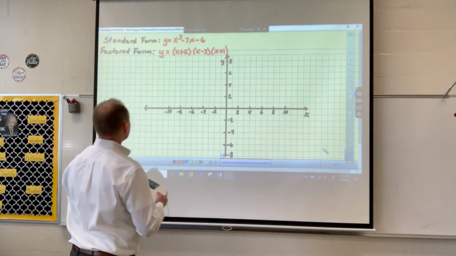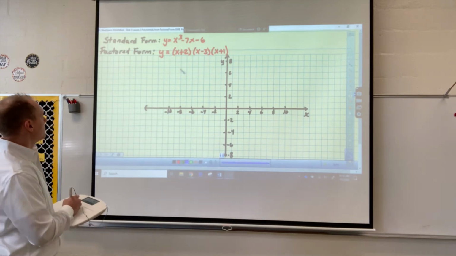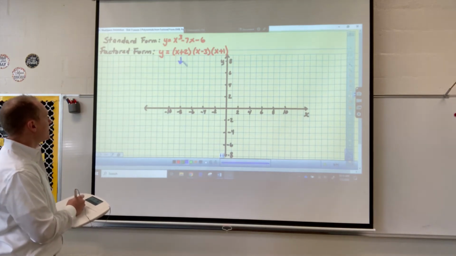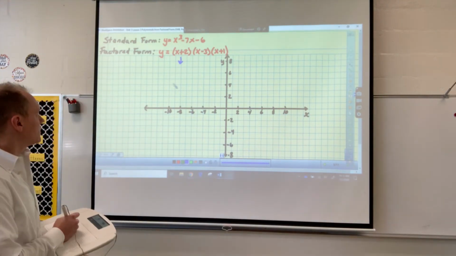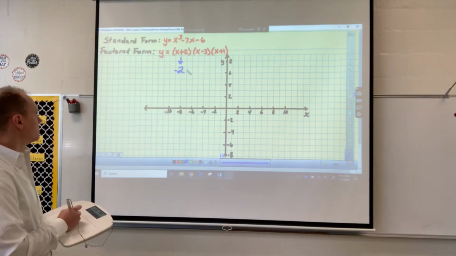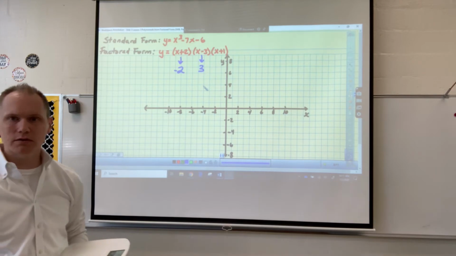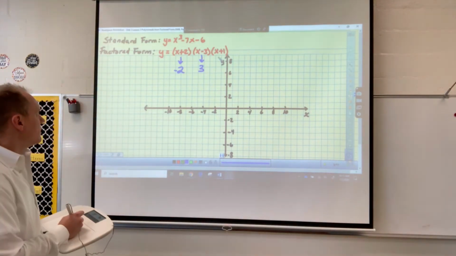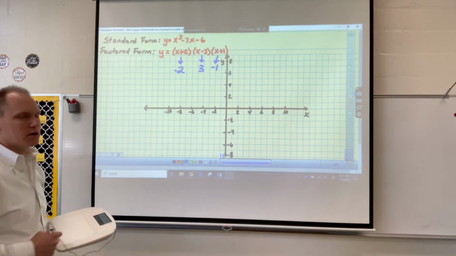So the first factor here is x plus 2. As we thought about last time, what makes that 0? What value of x would make that parentheses 0? Of course that would be negative 2. Here, positive 3, so 3 minus 3 is 0. Positive 3 would make that 0. And then here, an x value of negative 1, so negative 1 plus 1 is 0.